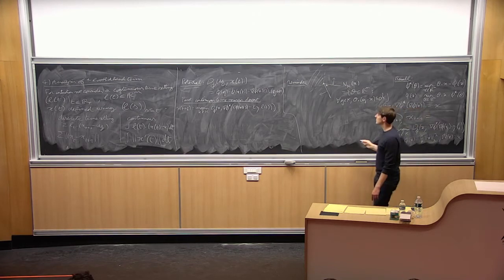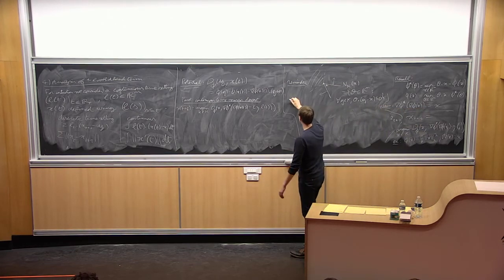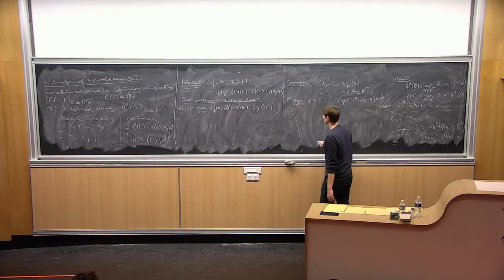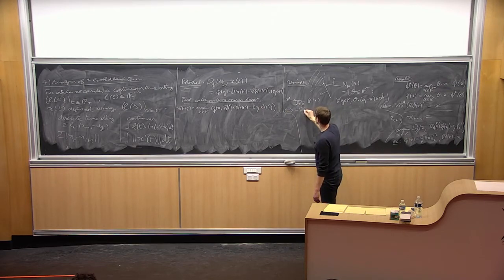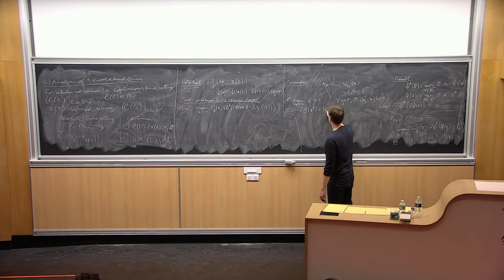Why is this important? Well, it's important because of the following fact. Let's say x star is the argmin of f of x over x in K, where f is a convex function. This is equivalent to minus grad f at x star being in the normal cone at x star.